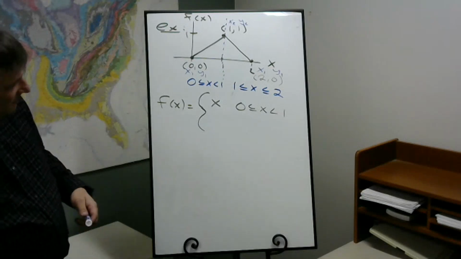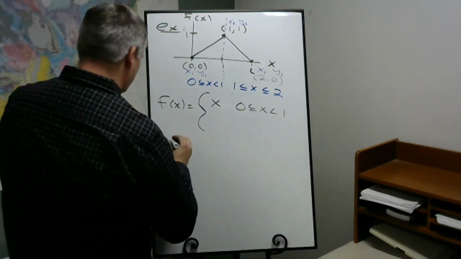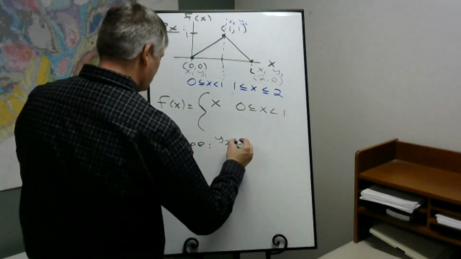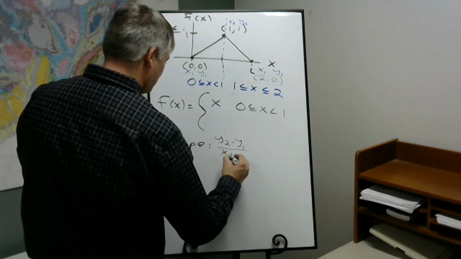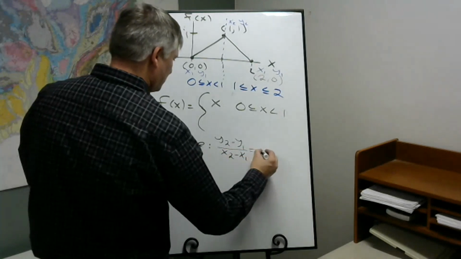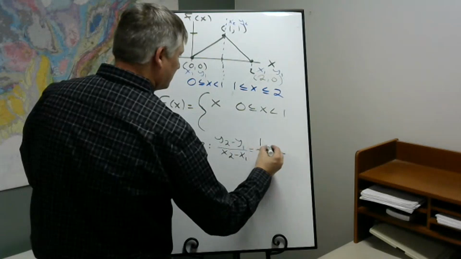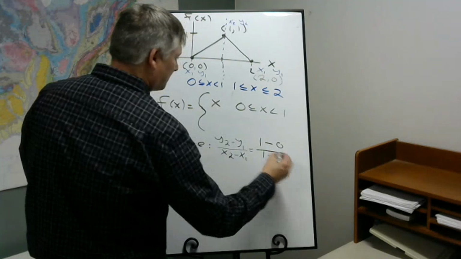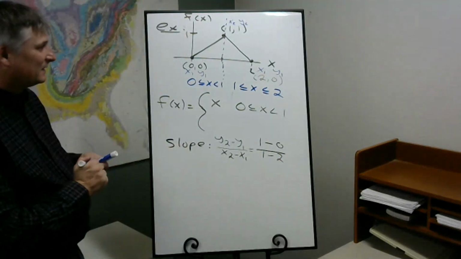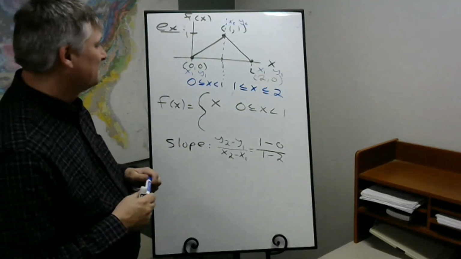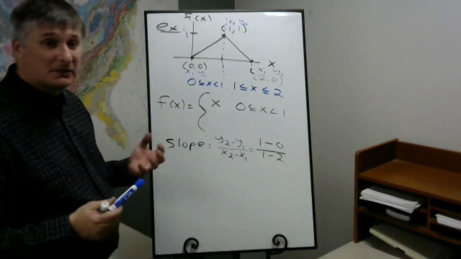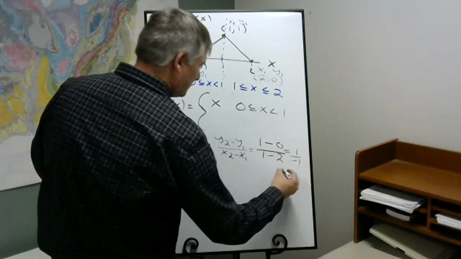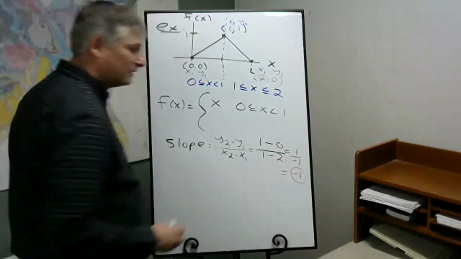So the slope, we'll get something like this. Double check that real quick. Looks good. And so we're going to get a slope of -1.